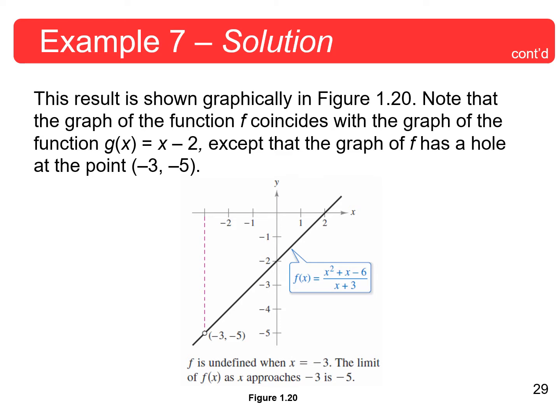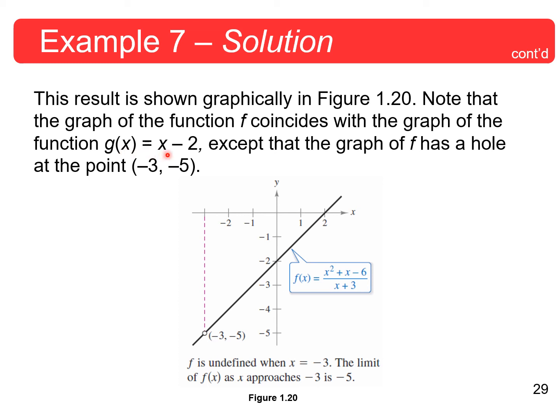Now you can confirm your result by looking at the graph of the function f of x equals x squared plus x minus 6 over x plus 3, and see that this is about the same as x minus 2, except at x equals -3. Here, the graph is just a line with a hole at x equals -3.